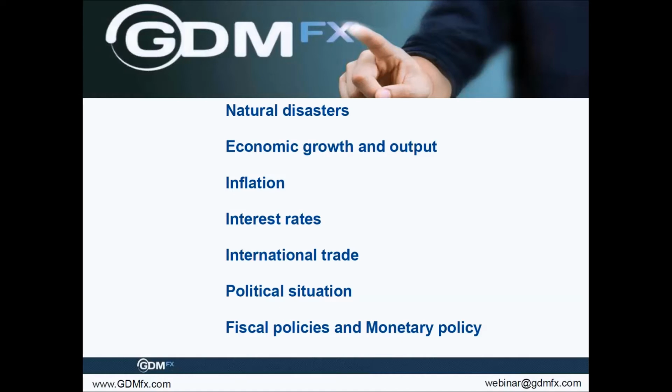The consumer price index measures the change of the average price of goods and services paid by consumers. It's a major indicator adopted by governments for inflation targets, and this has a significant impact on setting interest rates.